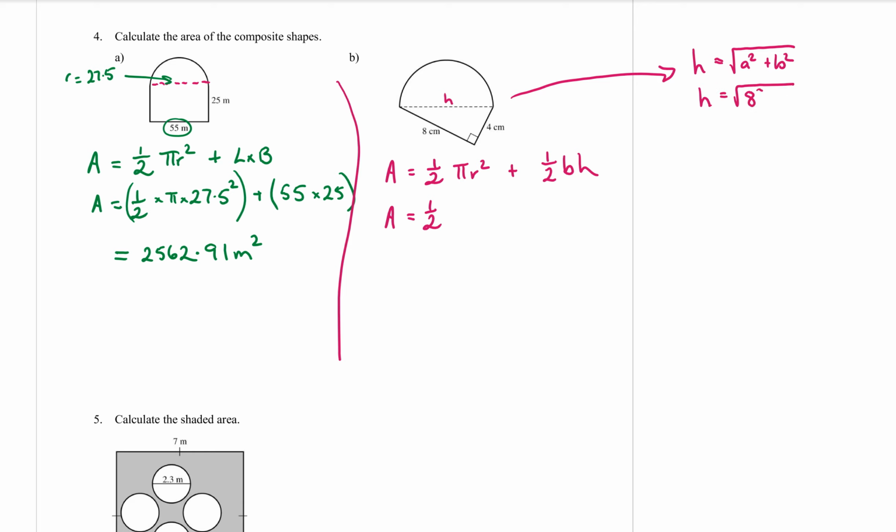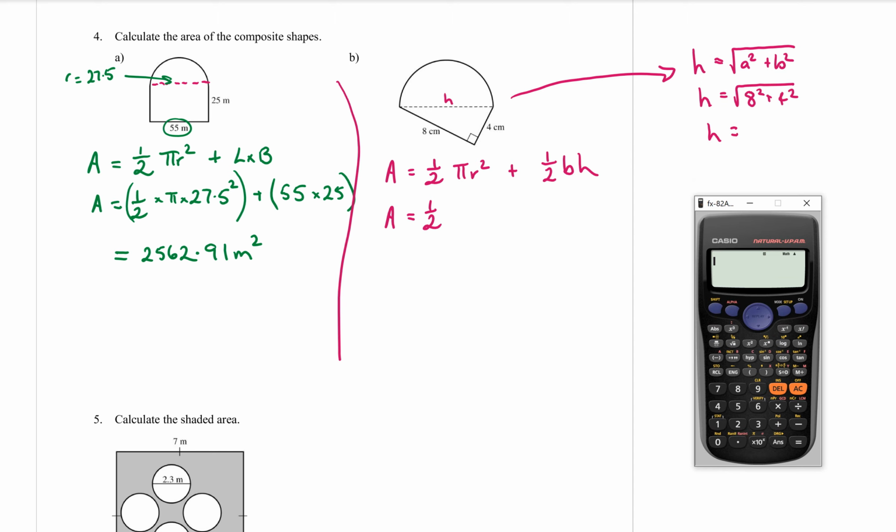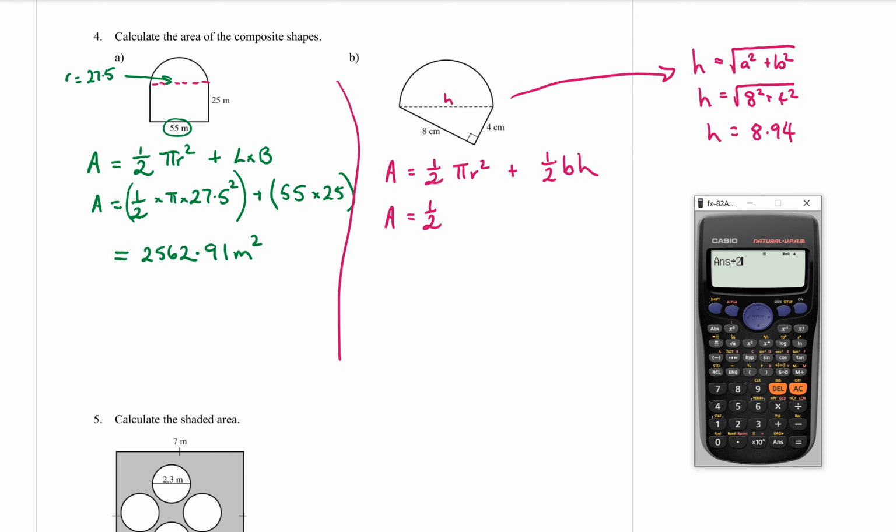So 8 squared plus 4 squared, and that is going to be equal to big square root sign, 8 squared plus 4 squared, 8.94. Okay, so that's the whole diameter. Then I would need to divide that by 2, which should be 4.47 for the radius.